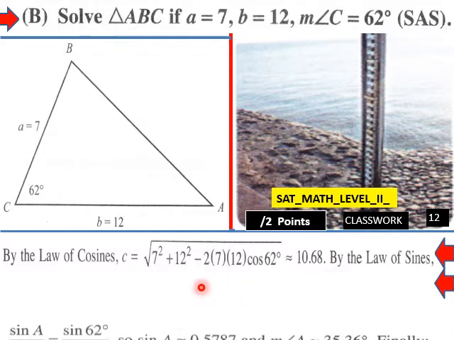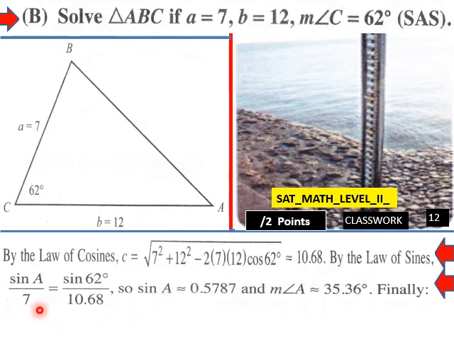By the law of sines, now that we know that, sine A over 7 will equal sine 62 degrees over 10.68. So sine A will equal 0.5787, and the measurement of A by that will be 35.36 degrees.